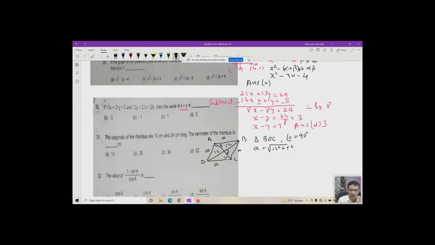So this is 5, this is 5, and this is O. So this will work out to be root of 169, and that is equal to 13. So we have got A is equal to 13. So perimeter is equal to 4A. That is 4 into 13. That works out to be 52. So it is 52 centimeters. So the correct option is D.